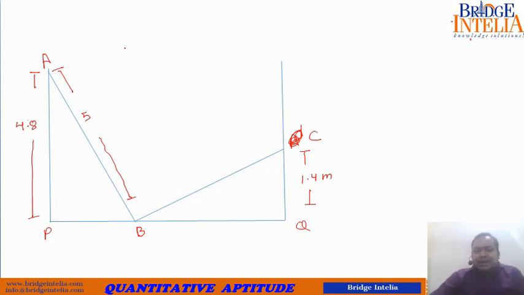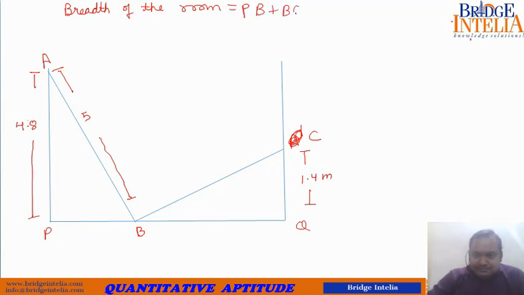So what will be the breadth of the room? Let us see. Breadth of the room will be equal to, if you look at this base carefully, PB plus DQ.